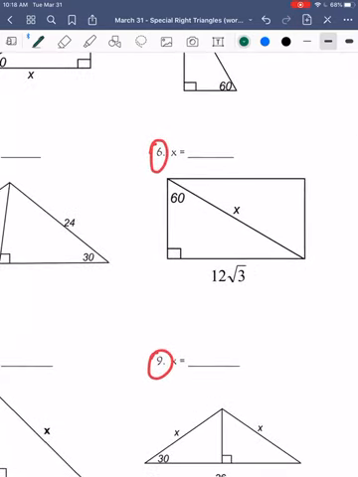All right, the first thing is let's go ahead and fill in so we know what kind of problems we're talking about. If this is 60 degrees, this one is going to be 30 degrees. Okay, and so then I'm going to label my triangle. I think one of the things that's hard about these problems is when you see the letter X, like right here, some of us might have thought that meant the X side, but that is not the X side when we label it the way that we've learned.